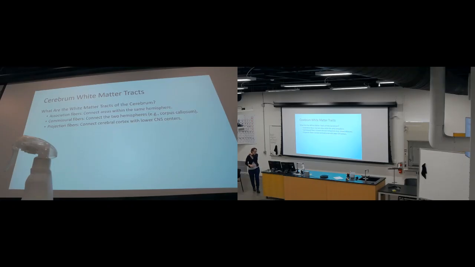And then we have lobes within the cortex of the brain that mostly are named based on the bone where they are nearby.